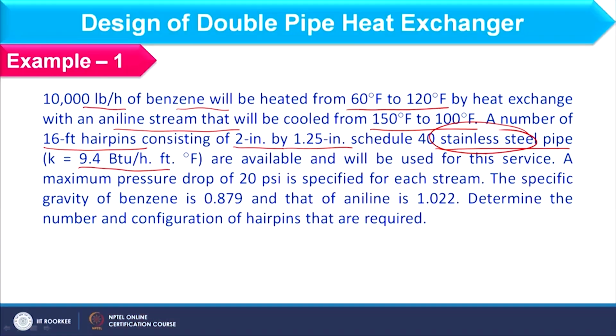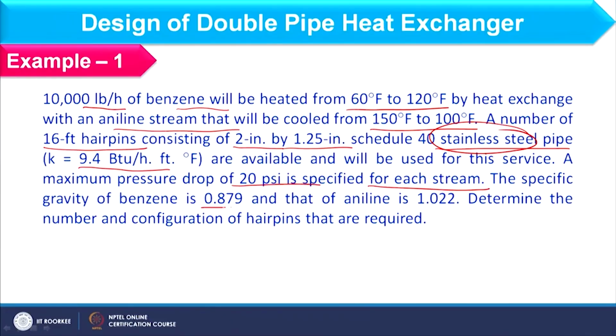Further, we can have a maximum pressure drop of 20 psi for both streams. So, we will calculate the pressure drop of each side and that should be less than 20 psi. The specific gravity of benzene is 0.879 and for aniline it is 1.022. So, you can get the density data from this problem itself.